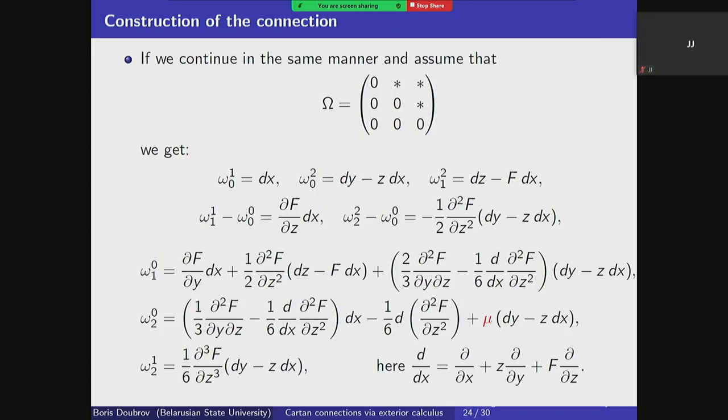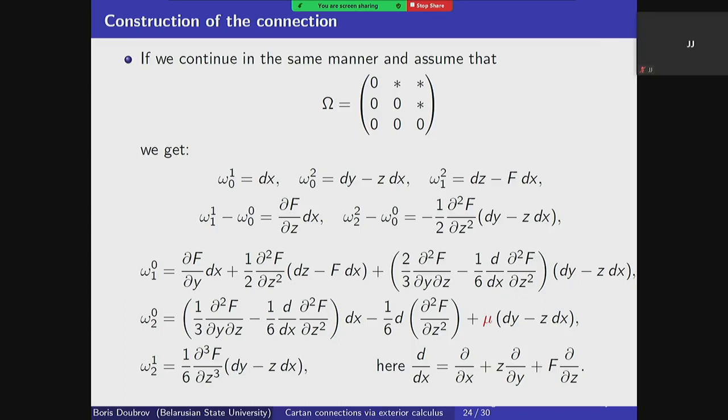So when we assume that our omega is like that, so it takes values only in G1, then these are the formulae again. I think I recalculated them myself, but that should be identical also. This is exactly how they show up in Elie Cartan's paper. I'm sorry for this terrible notation maybe sometimes, but that's how it looks.